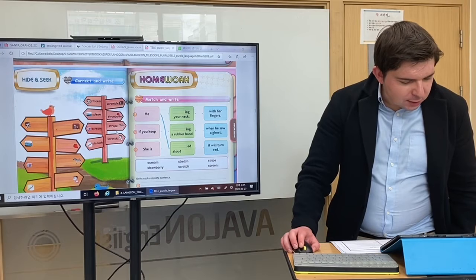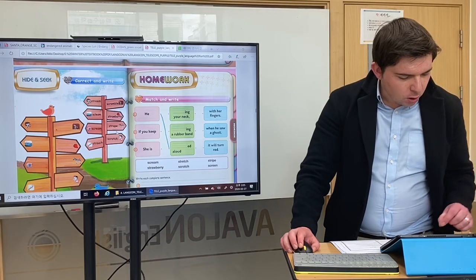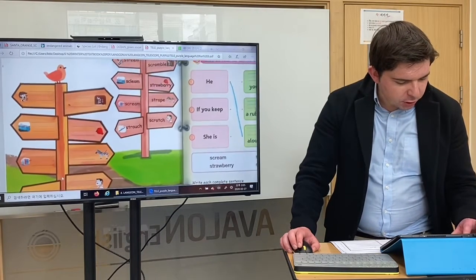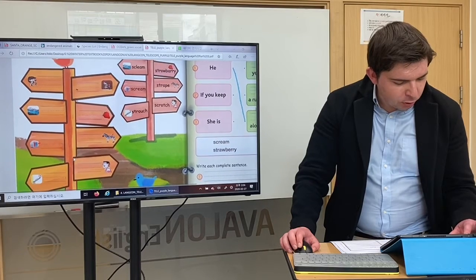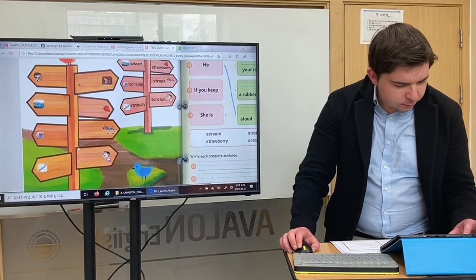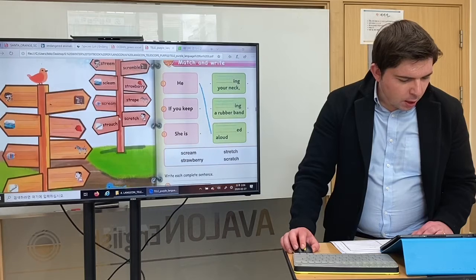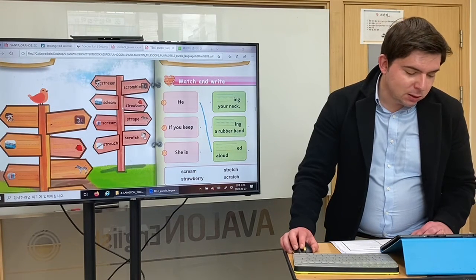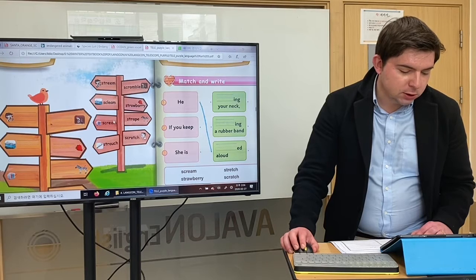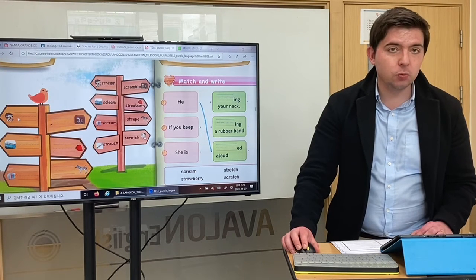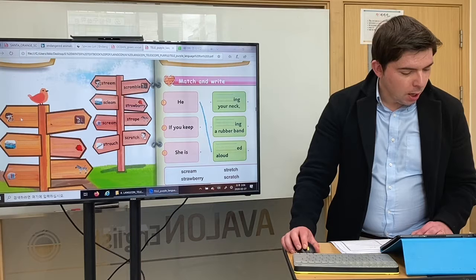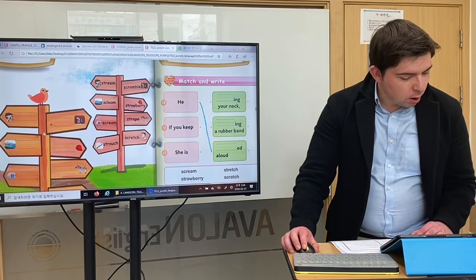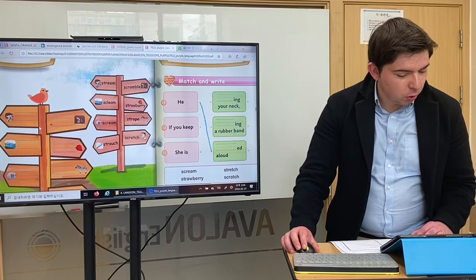Okay, so hide and seek. We have pictures of the vocabulary that we have learned, and we have mixed incorrect words. So you have to write the correct word here and the correct spelling of that word.